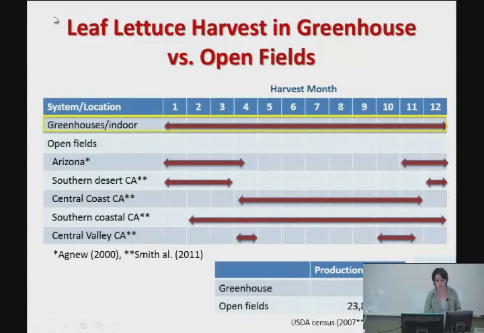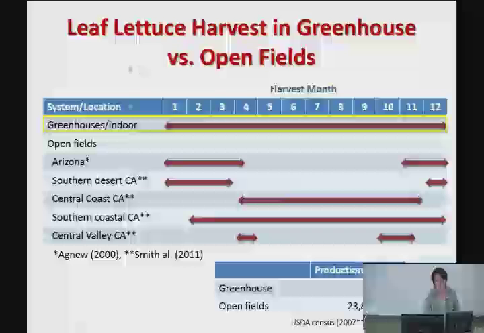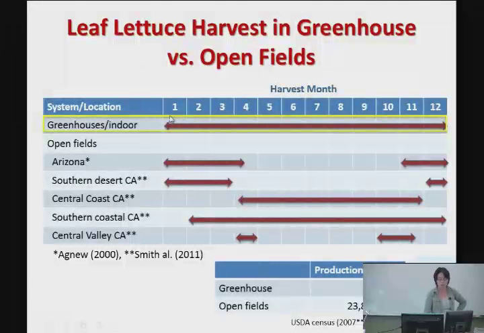This is a table or chart showing what systems or locations can produce when in the year, the harvest month, from January to December. In greenhouse, lettuce production can be year-round.